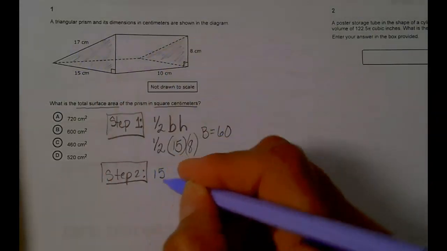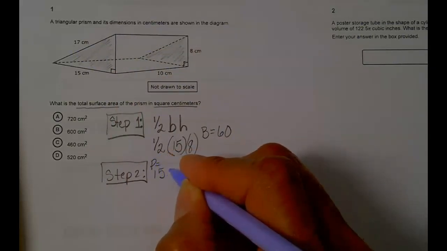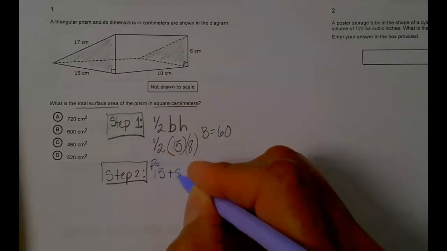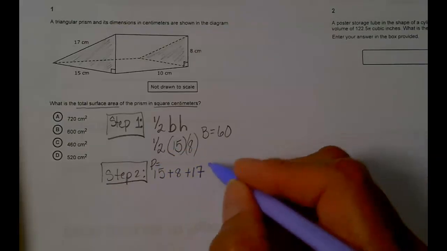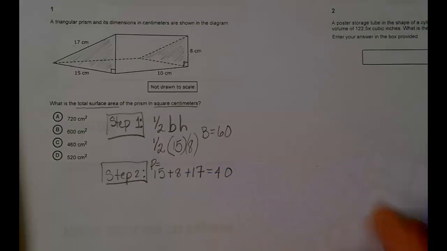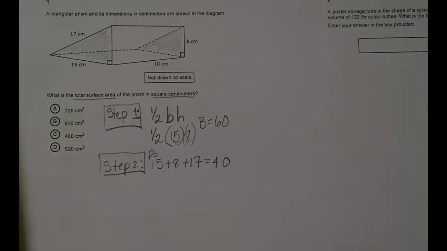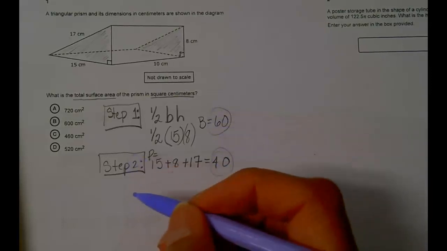So 15, plus 8 plus 17, that is, in my head, 40. All right, so now we've got all the steps, and we're going to need all these answers. So now we're going to go to step 3.